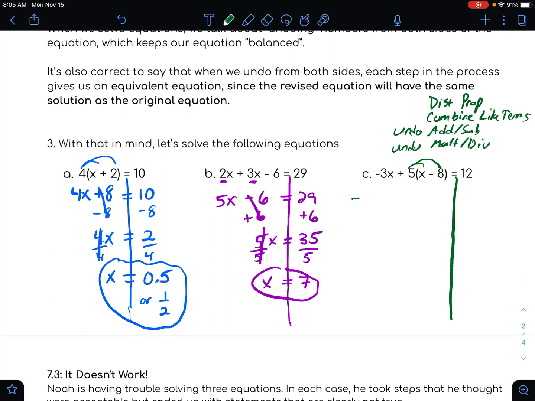That 5 is in front of the parentheses, x minus 8. So let's rewrite what we have. Negative 3x. 5 times x is 5x. 5 times a minus 8 would be a minus 40 equals 12. And now we'll combine like terms. So negative 3x plus 5x, putting those together, we get positive 2x minus 40 is equal to 12.